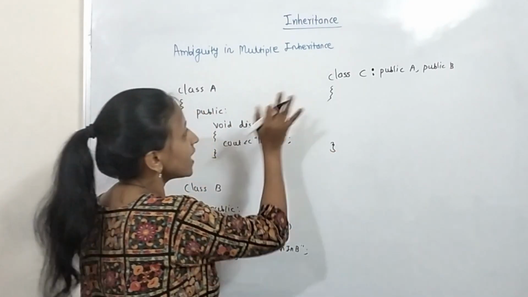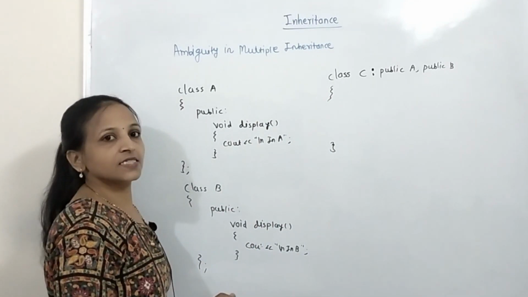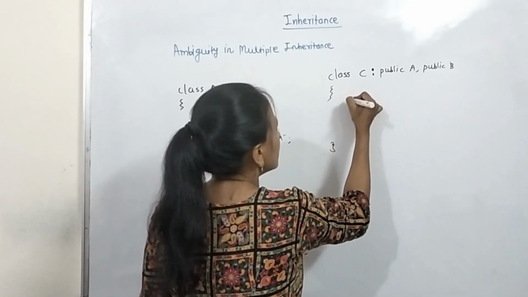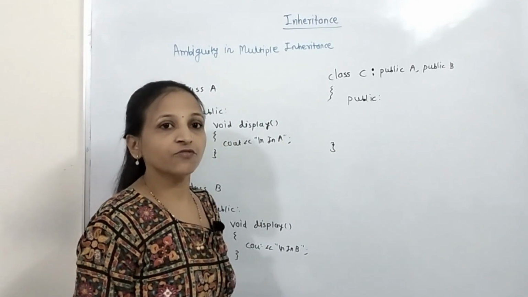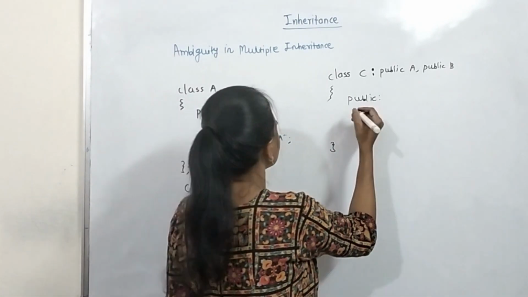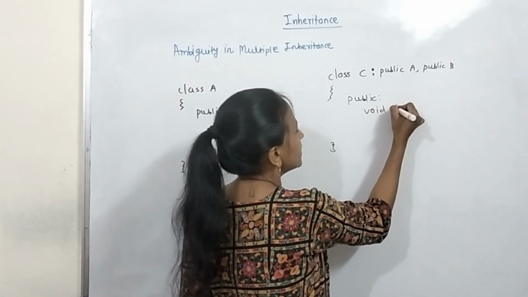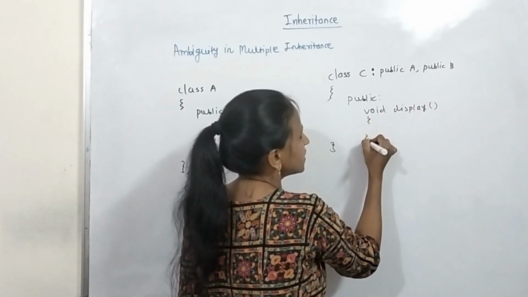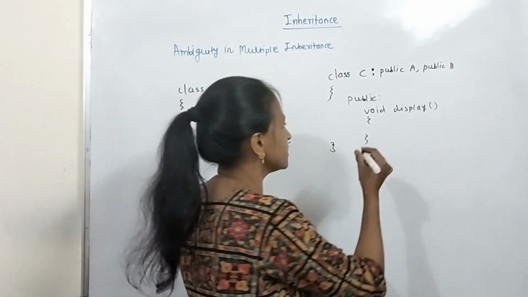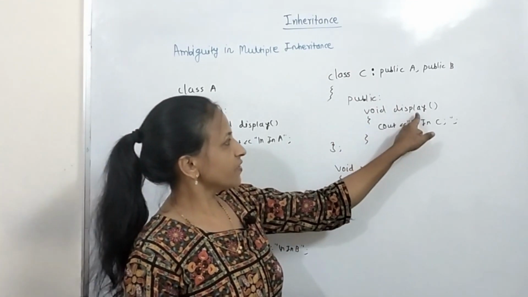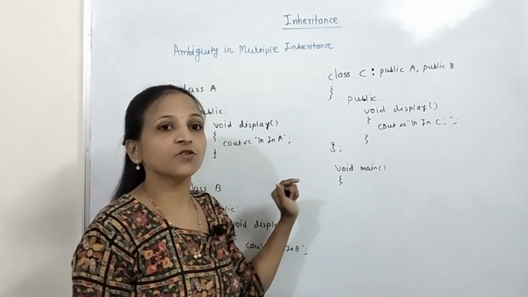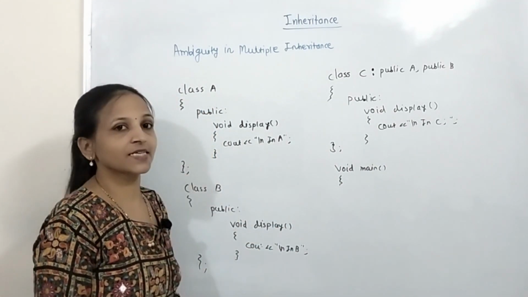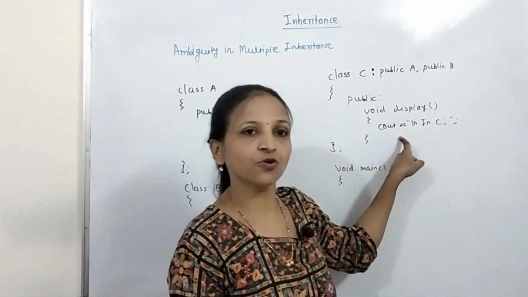What is the solution here? We will override this member function in class C. Okay, simple. Inside the public section we will write one display member function, the same void display, and here we are just writing "in C". See, this class C again has a display member function which is already present in both base classes. Then this is nothing but function overriding.